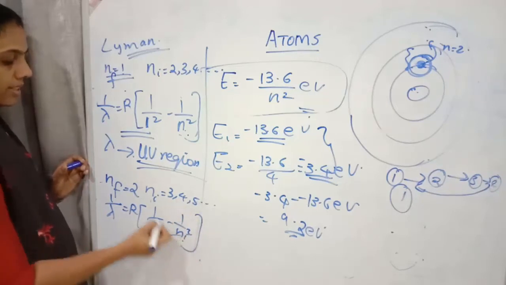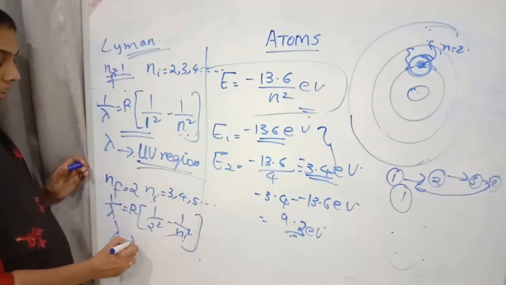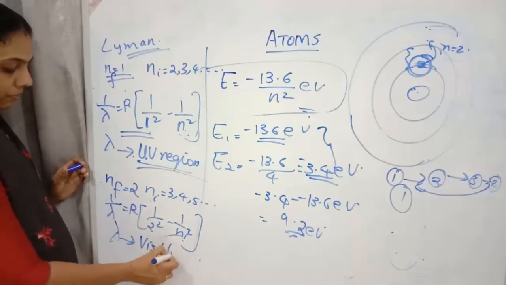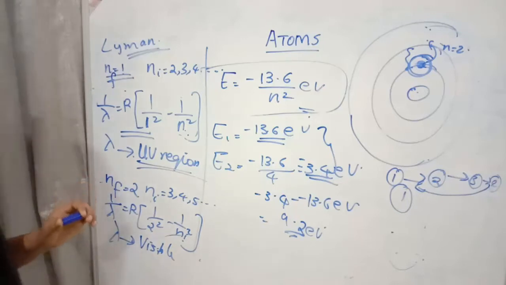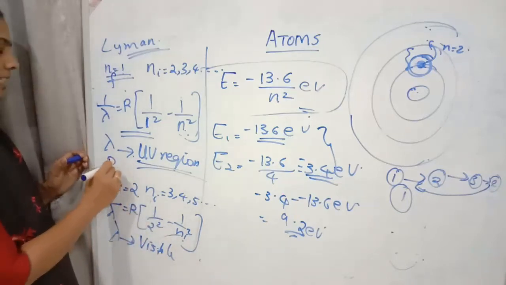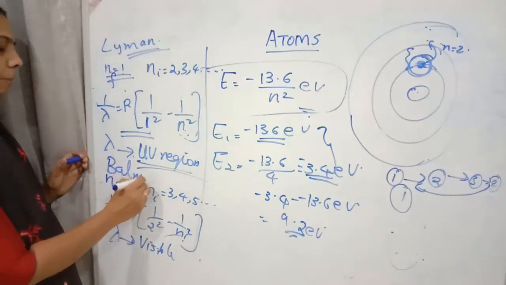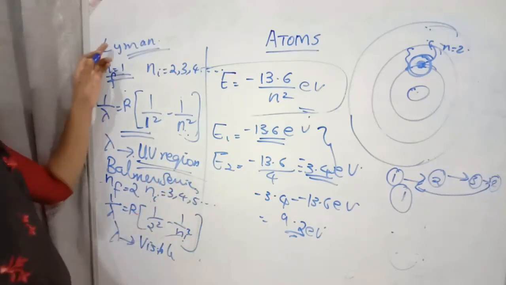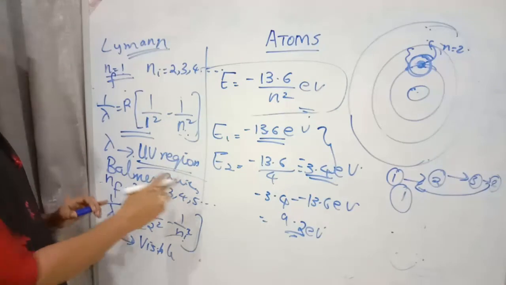When we are calculating, this will be coming under the visible region, and this series of spectra is called the Balmer series. So this is the Lyman series and this is the Balmer series.